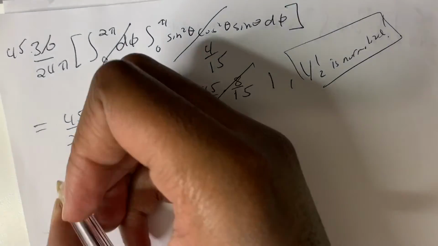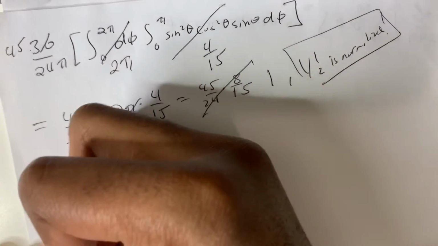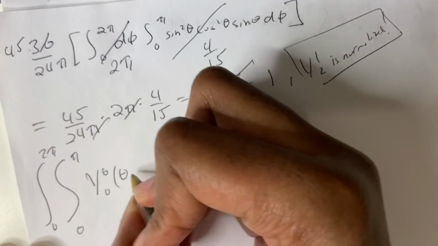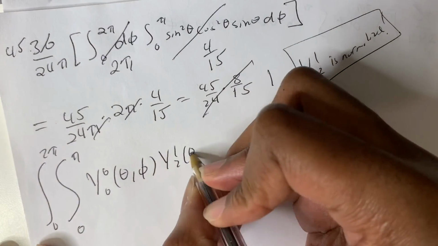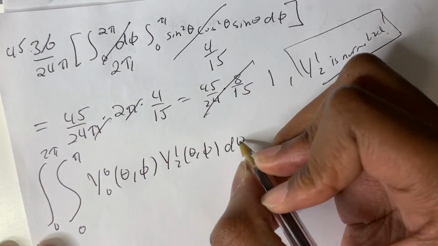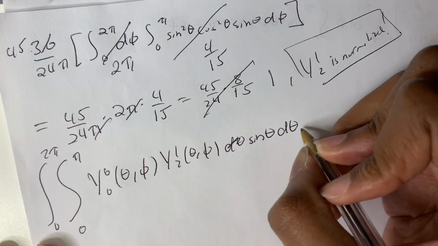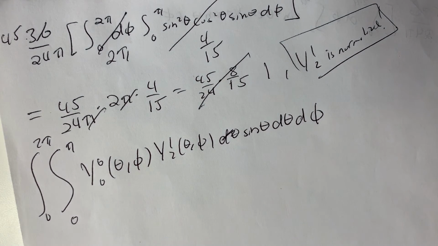So the integral from 0 to pi, 0 to 2 pi of y naught theta phi and y12 theta phi, sine theta d theta d phi, should give us 0.